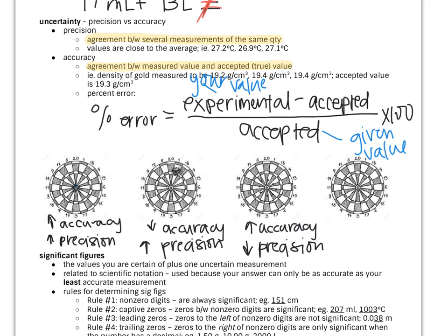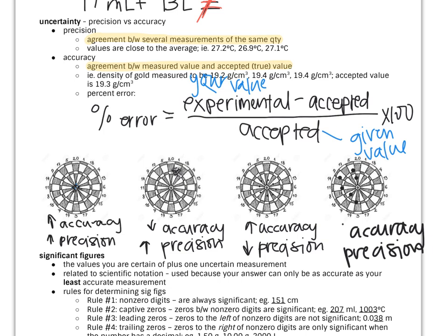And then finally, what if we had our dots like that? What would that be in terms of accuracy and precision? We have a lot on the outer edges, so they're not really near that bullseye.